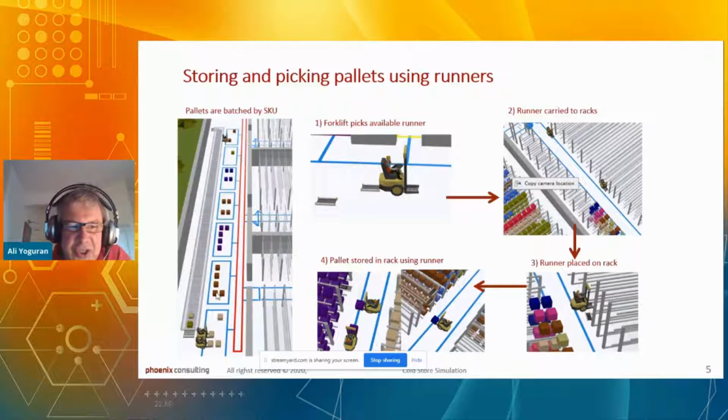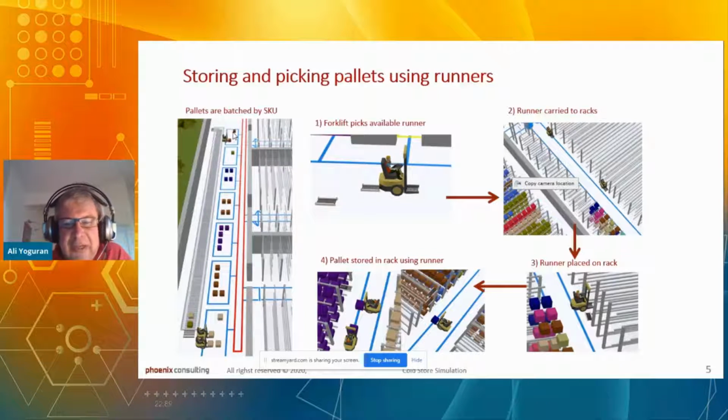So all this batching, finding the right rack, putting the runner there, and feeding it required some logic behind it. And don't forget, you have limited space here. You cannot overload this space.